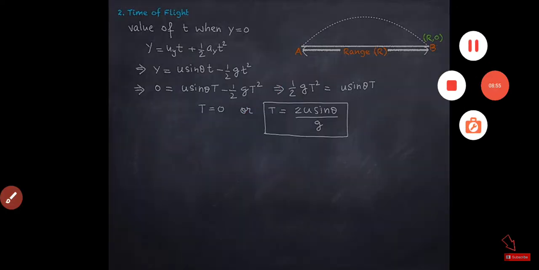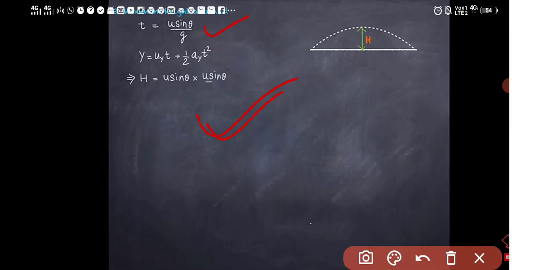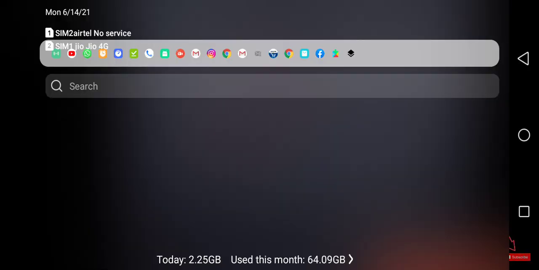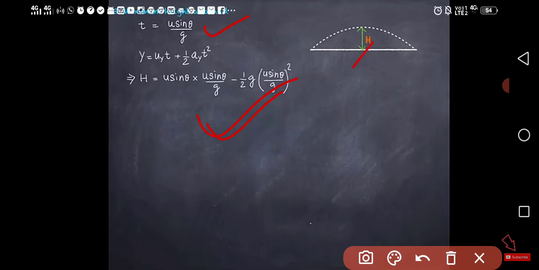Okay, now next is maximum height attained. So dear students, we know that time period is 2u sin theta upon g, but for maximum height we will take half of the time period only. That's why we are taking it equal to u sin theta upon g. So for this we are using the equation of motion, y is equal to ut plus half at square.